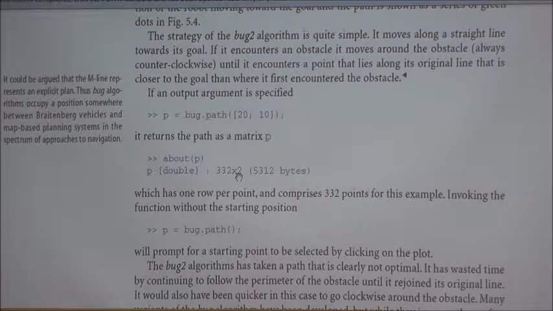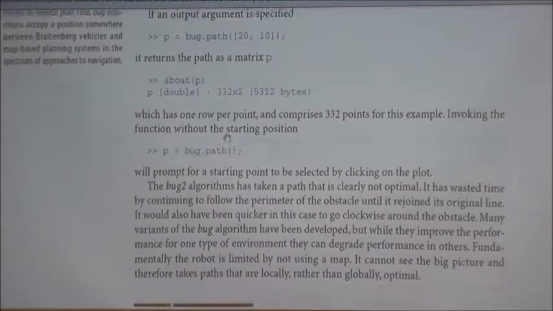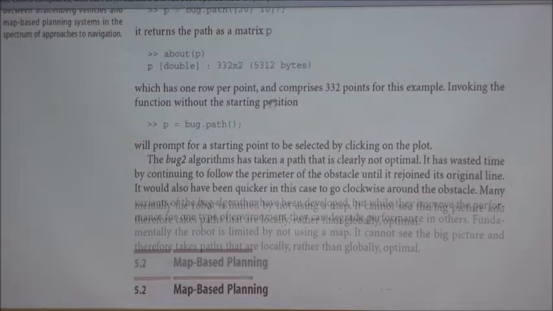Column 1 is X, column 2 is Y. This 332 points is nothing but these green points you see here. That's what they are. Okay? Every point corresponds to one line of that matrix. Okay. And then you plot it.